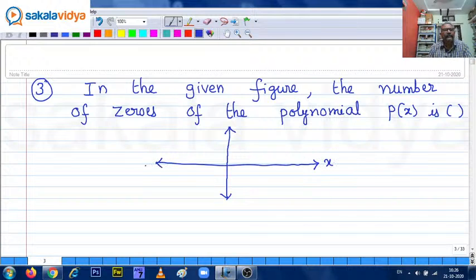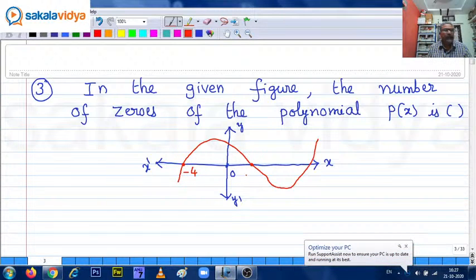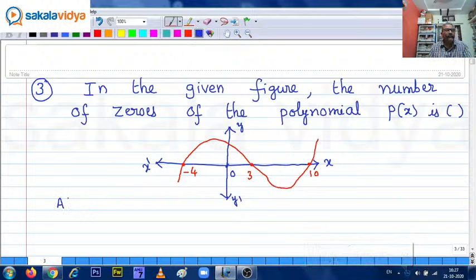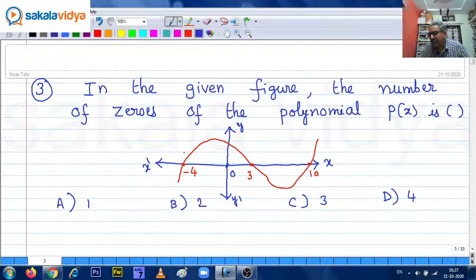This is the x-axis, this is the y-axis, and this is the origin. The curve is given like this. Here it cuts the x-axis at -4, at 3, and at 10. Options: A is 1, B is 2, C is 3, D is 4. We need to find how many zeros this polynomial has.